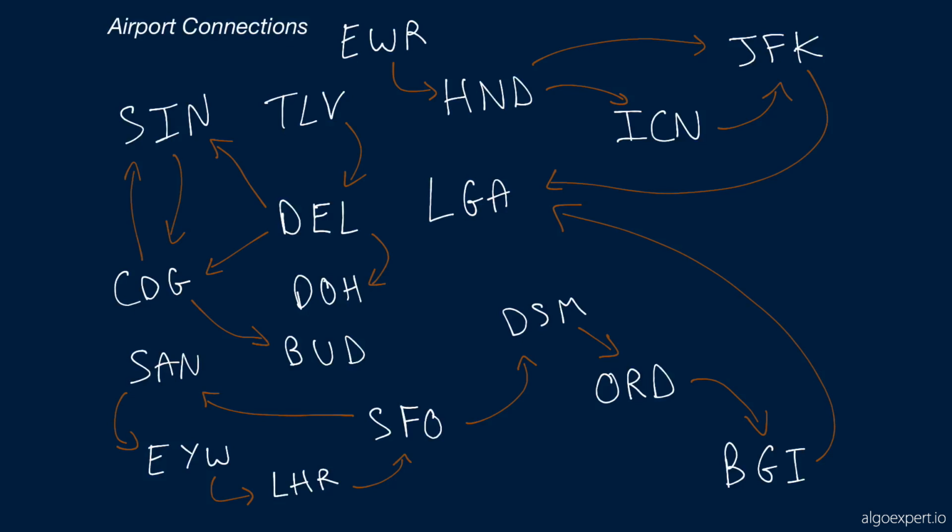So you can imagine that for the EWR to HND, we probably had a route that looked something like EWR, HND, right? That meant that there's a one-way flight from EWR to HND. So we create a graph from the inputs, and of course, we're going to dive into the code walkthrough after to see exactly how we create this graph in code.